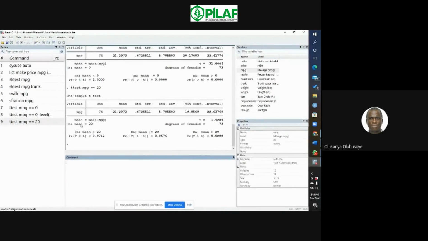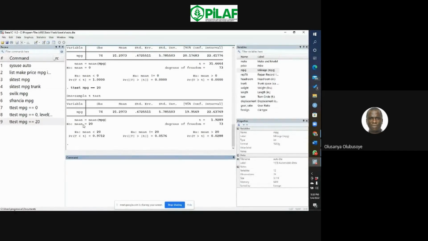to 20. So in this case, with this p-value, we accept that null hypothesis, whereas in this case, we reject that null hypothesis. You simply need to compare that p-value with your alpha value.